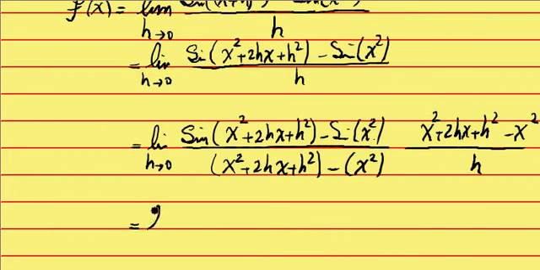Now when h goes to 0, what happens to this? Same thing here and here. That's some small quantity, is that right? So let me just give it a name. Maybe that makes it a little bit clearer as to what it is.